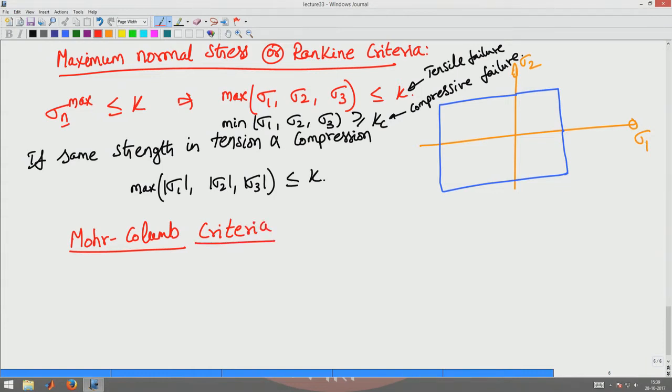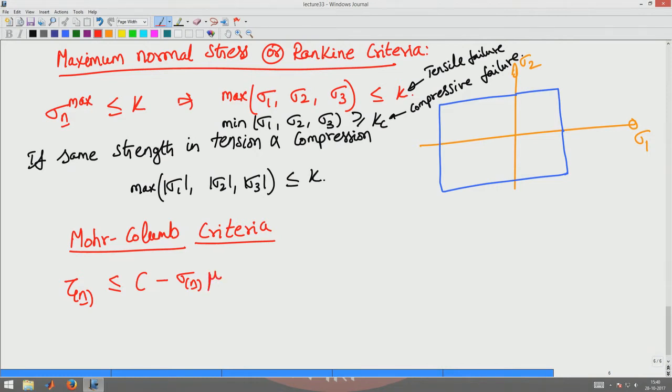What this says is that the shear stress in any plane must be less than or equal to the cohesive friction, or the wet friction, or the gluing strength of the planes, minus the normal stress in that plane times the coefficient of friction mu.